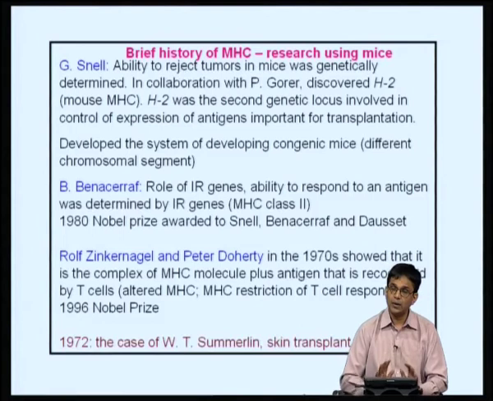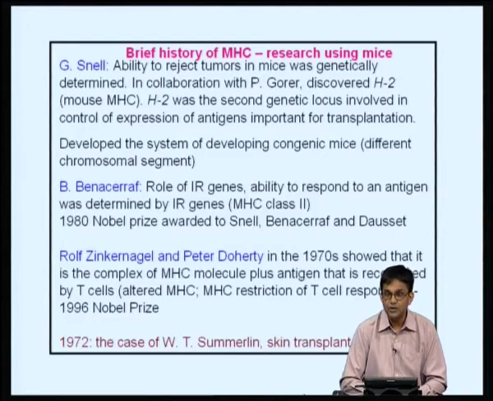This told us that there was a particular locus controlling the ability to accept or reject transplants, and this locus turned out to be the H2 or the MHC complex. This was critical in our understanding of the MHC, and along with Baruj Benacerraf and Dausset, he was awarded the Nobel Prize in 1980.